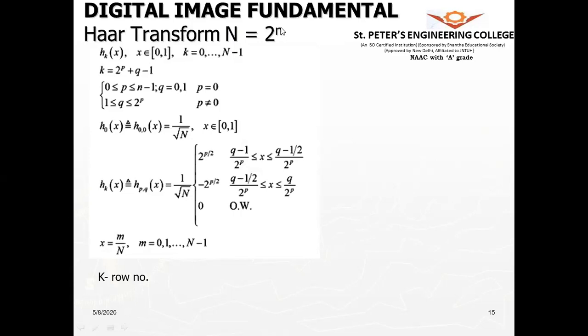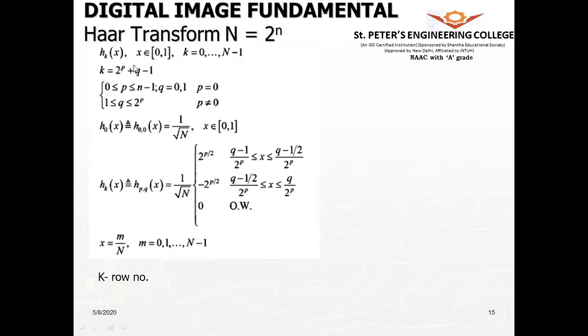And we compute k as k equals 2 power p plus q minus 1. So we use p and q to compute k. k represents the row numbers, and p and q will be used to find the elements in that row.